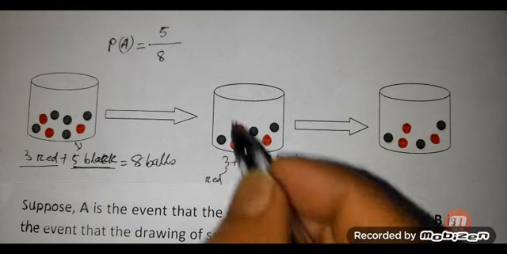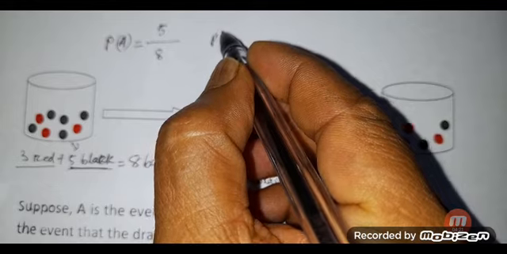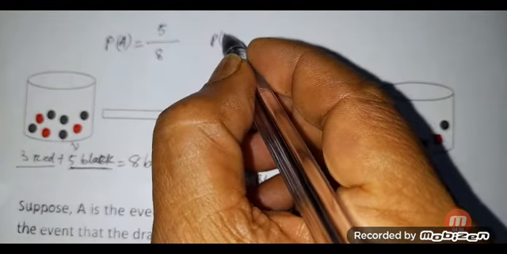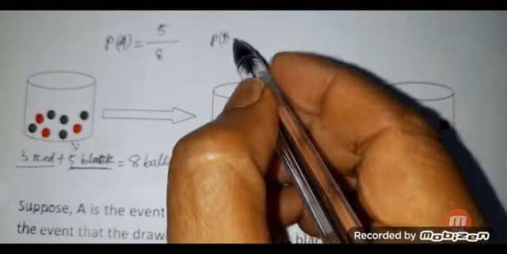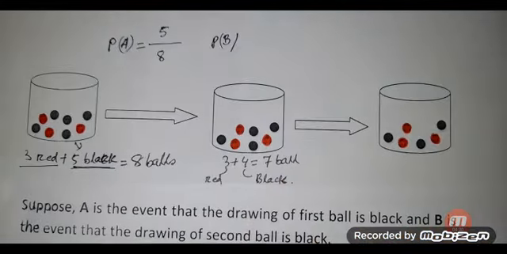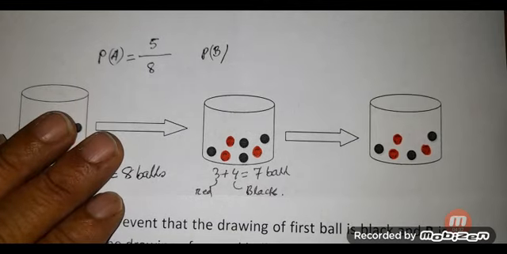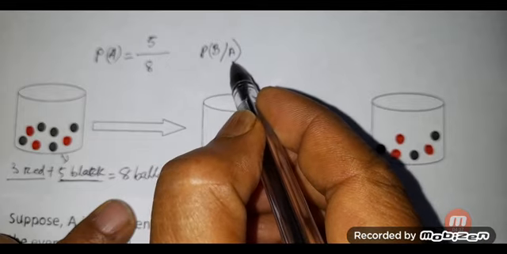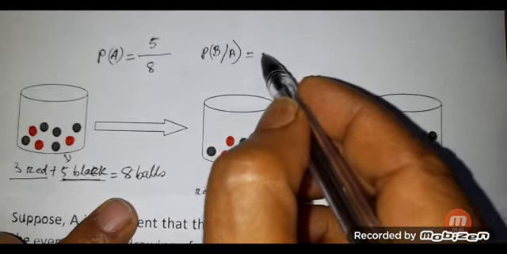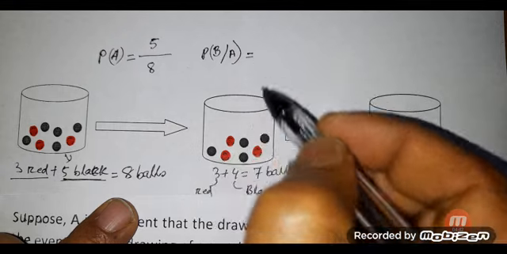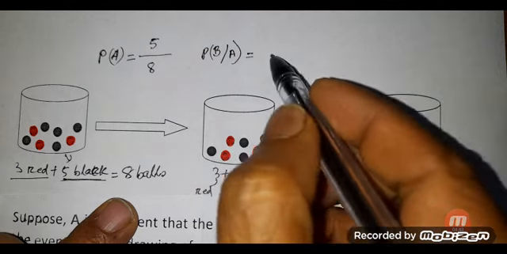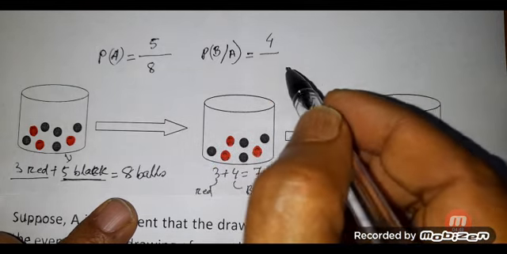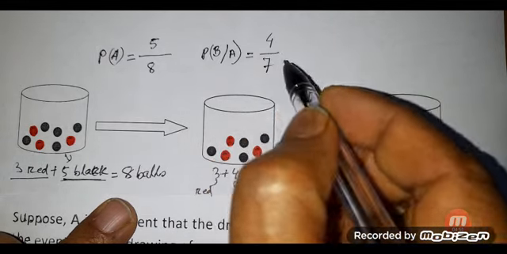So therefore, probability of drawing the second ball, that is second black ball, that is B, given that the first ball is already drawn, that is A, is equal to, so in second drawing we have 4 black balls out of 7 balls.